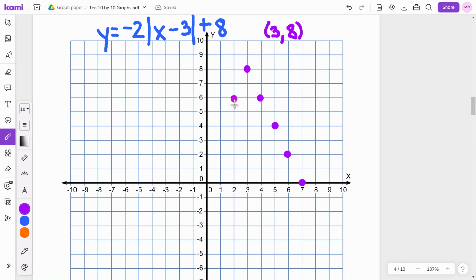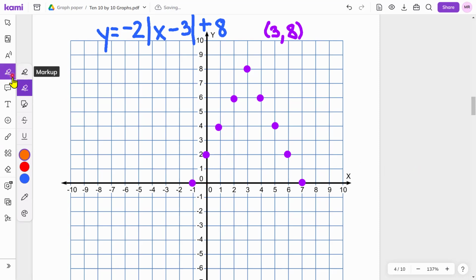Down 2, out 1, down 2, out 1, down 2, out 1. And then we have our upside down graph, open down, because of the negative outside of the absolute value.